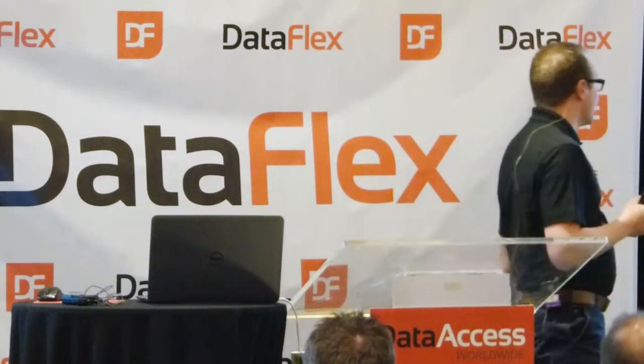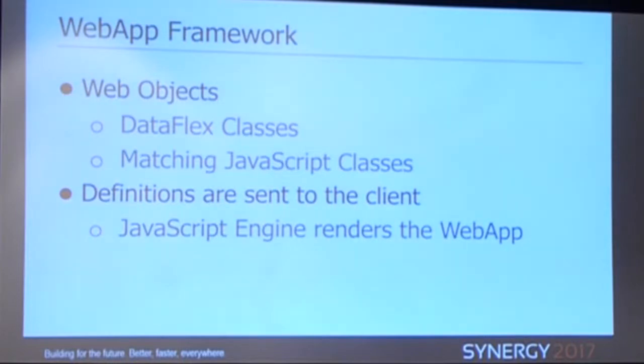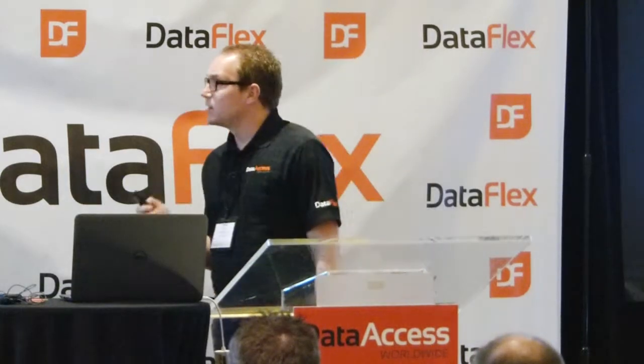So in short, there are DataFlex classes like web form, web view, web list, web column, and on the client there are matching JavaScript classes, web form, web button, and they know how to communicate with each other. And the glue between the client and the server is basically the web properties.